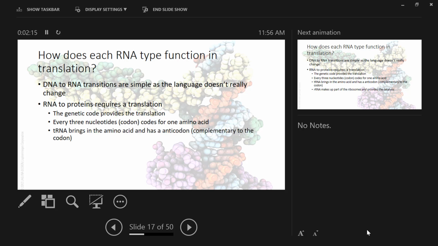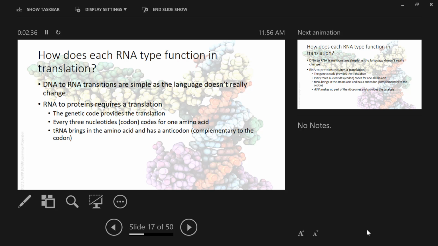Then tRNA is the RNA that brings the amino acids. So tRNA is sometimes referred to as translation RNA or transfer RNA. It is bringing the amino acids and transferring them to the growing polypeptide chain. It is what's actually providing the translation.